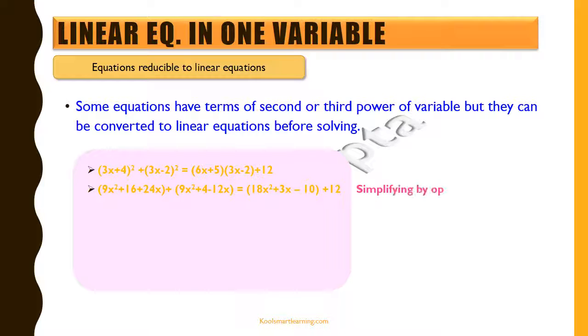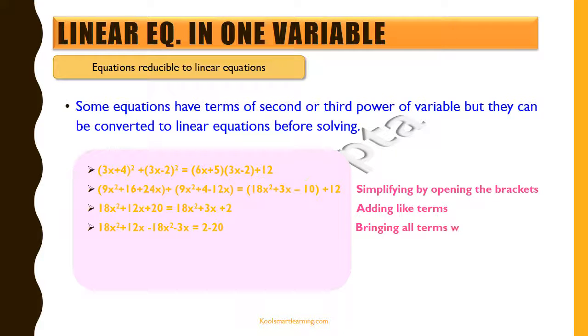When we open the brackets, it becomes 9x² + 16 + 24x + 9x² + 4 − 12x = 18x² + 3x − 10 + 12. Simplifying further, it becomes 18x² + 12x + 20 = 18x² + 3x + 2. You can clearly see 18x² being on both sides of the equality can be cancelled.